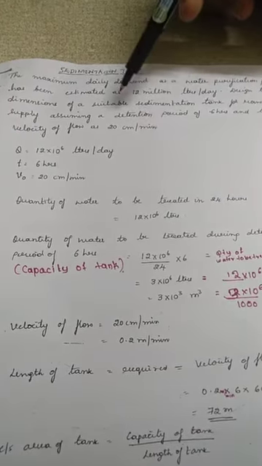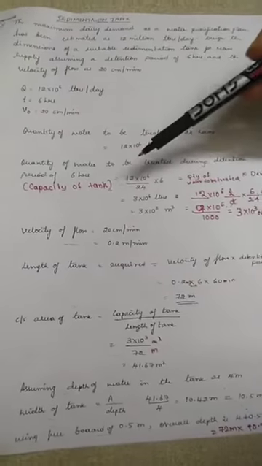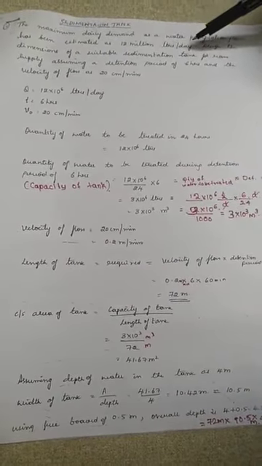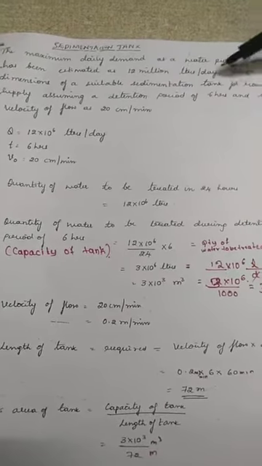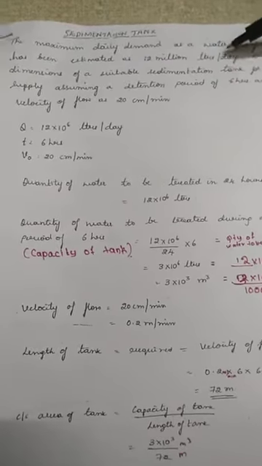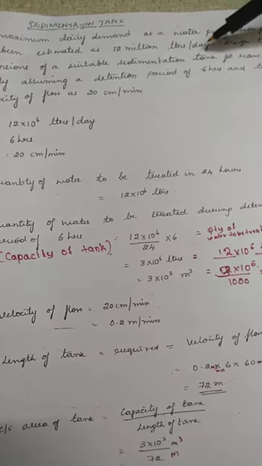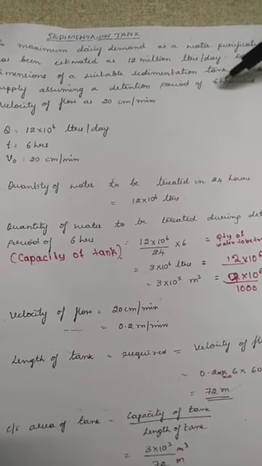Now in order to determine the quantity or the capacity of the tank, this particular 12 million liter per day of water is going to be treated per day. Now we need to convert, since it is going to have the detention time of 6 hours.